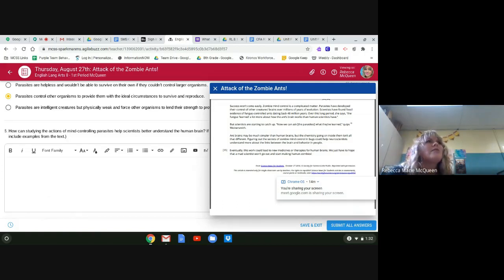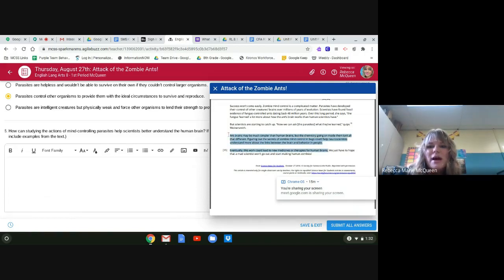We don't know anything about what causes the chemical imbalance that makes one person bipolar and one person manic depressive, right? But if we could figure that out, if we could study what's going on naturally, we might be able to help people with actual problems in the chemistry of their brain. Okay. So if you give me 5 sentences about that, make sure you include examples from the text.